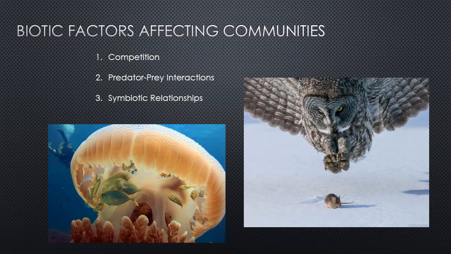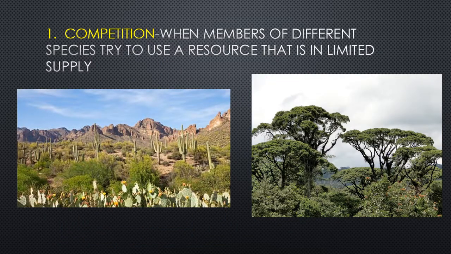Let's start with competition. Competition is when members of different species try to use a resource that is in limited supply. Competition can be for resources that are obvious like water or sunlight, or things that are slightly less obvious, such as particular minerals in the soil.